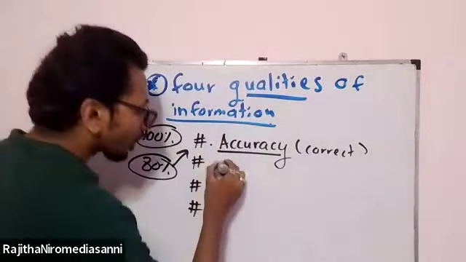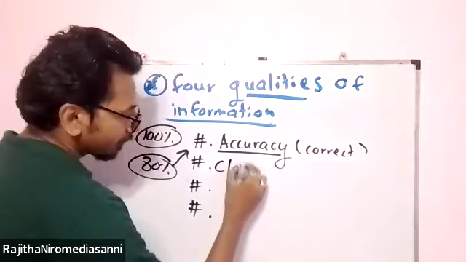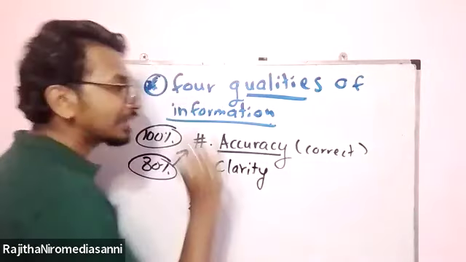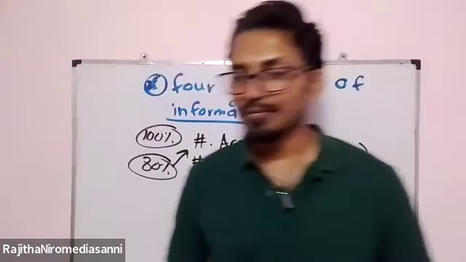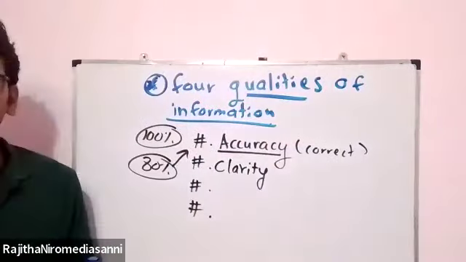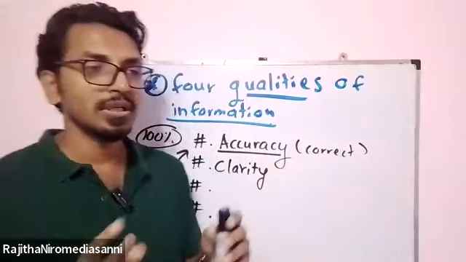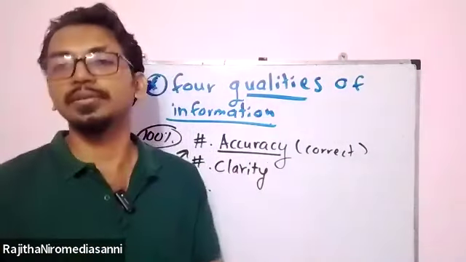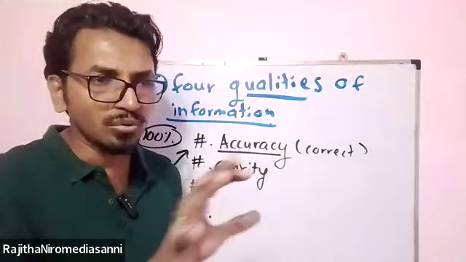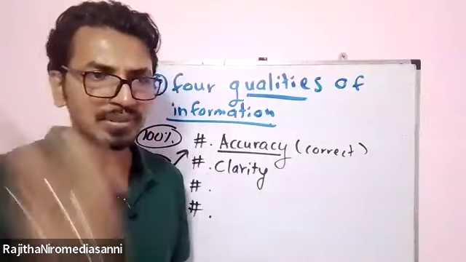Then the second one, clarity. It means clearness. Some information is actually not clear. You can't get the idea clearly because the information is hard to understand.